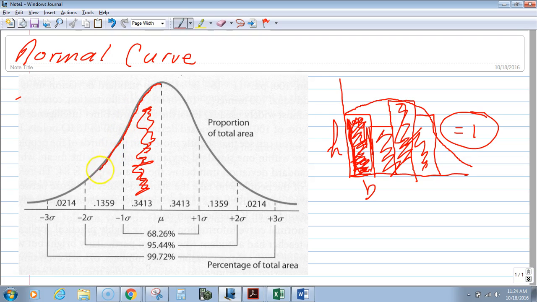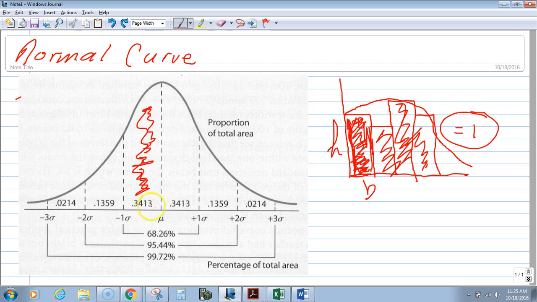So the area under this curve is still going to all add up to be 1, all of it together, but we're going to use some tables to figure out those percents. Unless you want to do some calculus, we could integrate it, but for now we're just going to stick with our Z table, which we'll learn about next time. But for now, we're just going to talk about what do these percents look like, right?